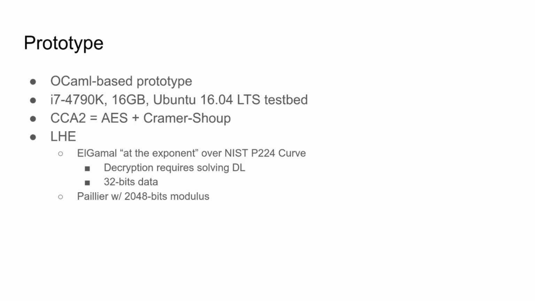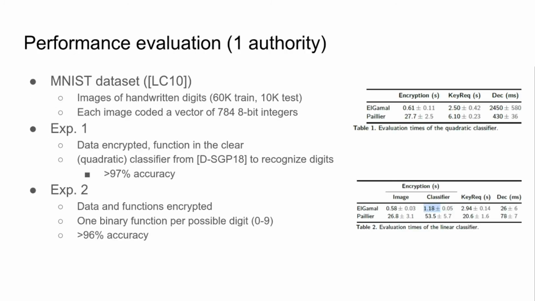For our multi-authority scheme, however, because our linearly homomorphic encryption scheme must have the distributed threshold property, our experiments are only based on El-Gamal. Our experiments include the evaluation of a machine learning classifier on encrypted data.